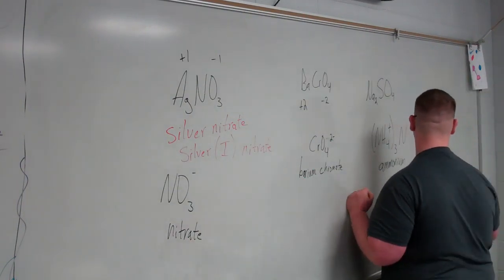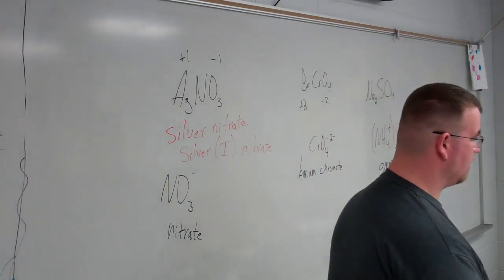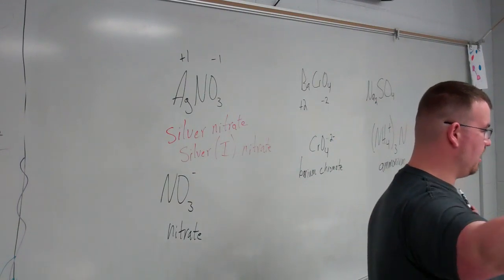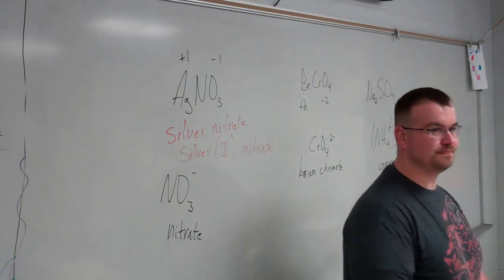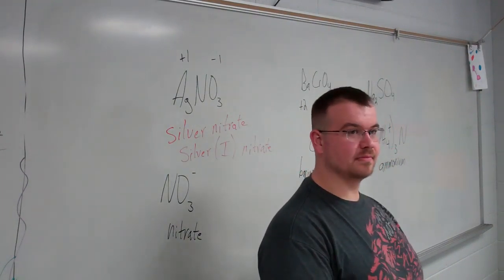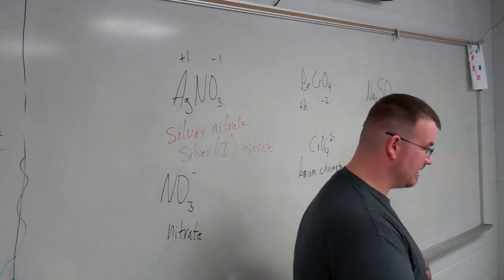Whenever you're putting them together, it hides your charges. This is a stupid question, but how do you determine the charge? For nitrogen, what's the column on the periodic table? 15. It'll go to 18.